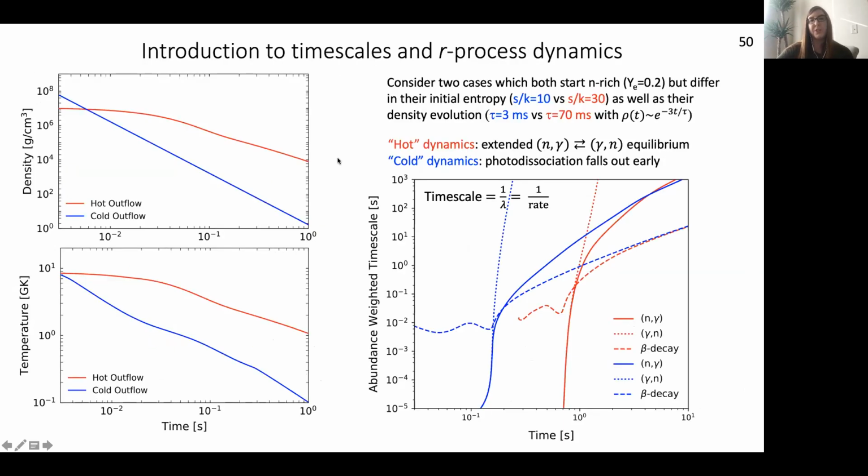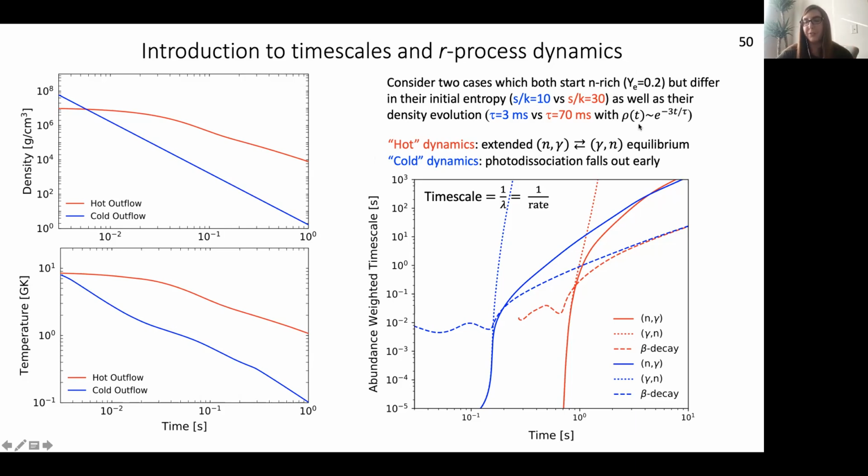Okay, so introduction to timescales and r-process dynamics. So this is an example, before I get into it a lot, of a temperature calculation here. Let's take a look at this blue outflow, where you include reheating, but you only see a very little bump coming out of it from this particular type of condition. And that's because this is a more moderately neutron-rich condition.